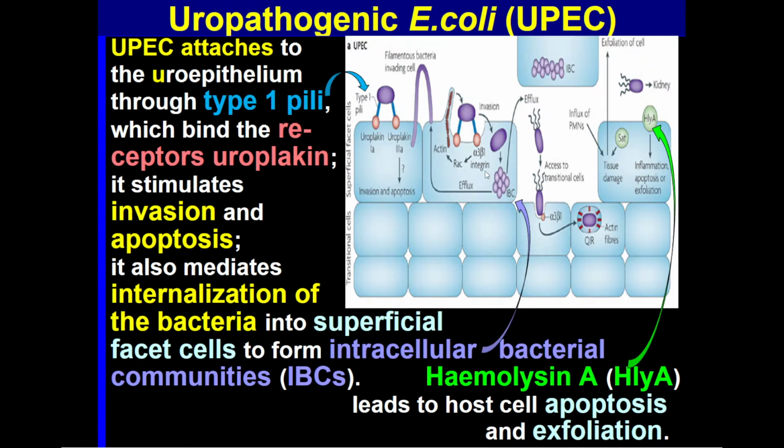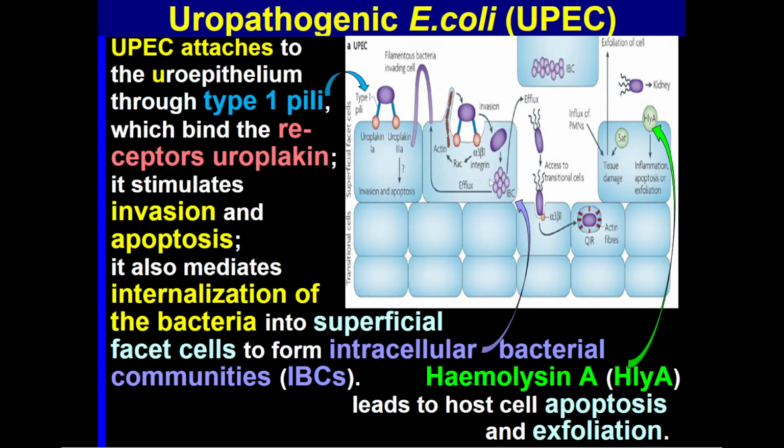So as soon as they multiply, they start producing hemolysin, and it leads to the host cell apoptosis and exfoliation of the superficial facet cells. Okay, so that is the idea.